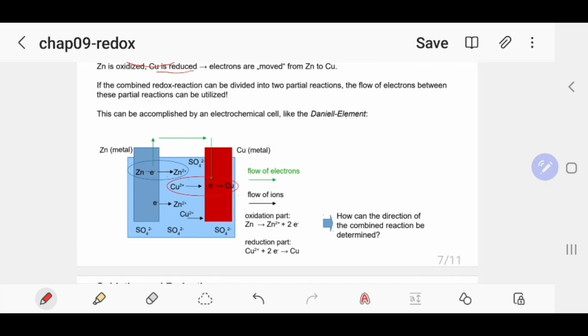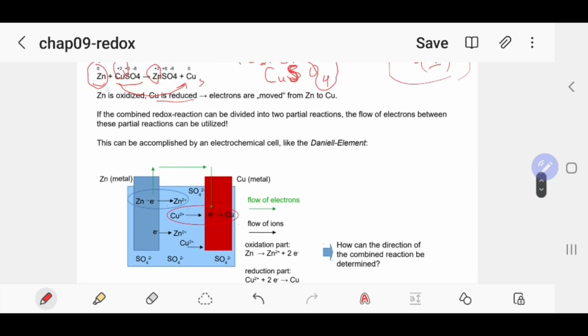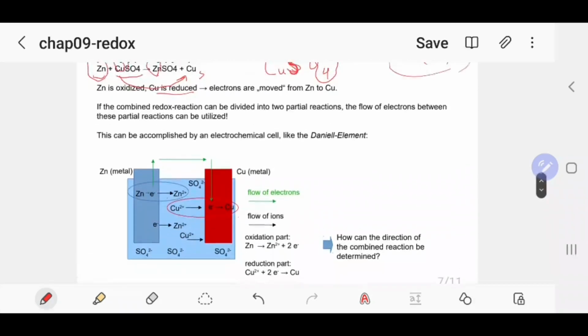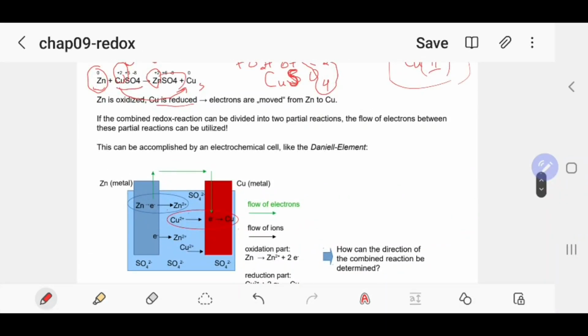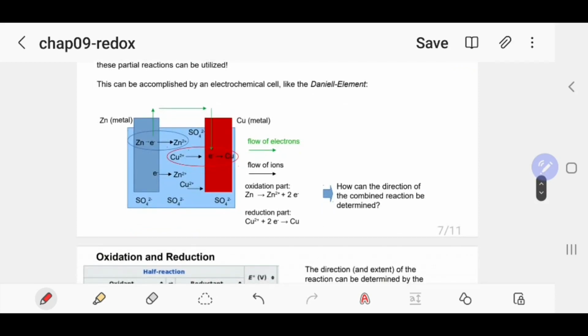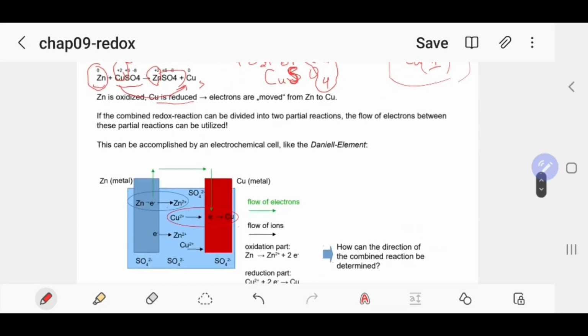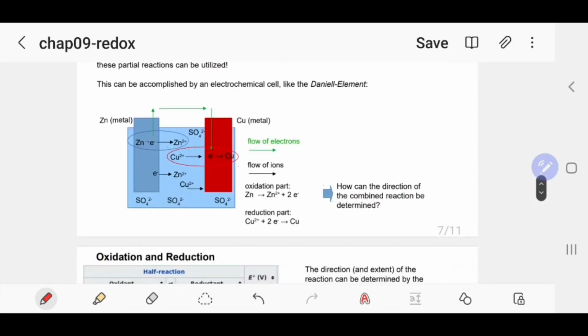we can divide this reaction into 2 different reactions by just dropping the sulfate and just showing the oxidizing agent and the reducing agent in the 2 clear oxidation and reduction reactions. So we write them like this.